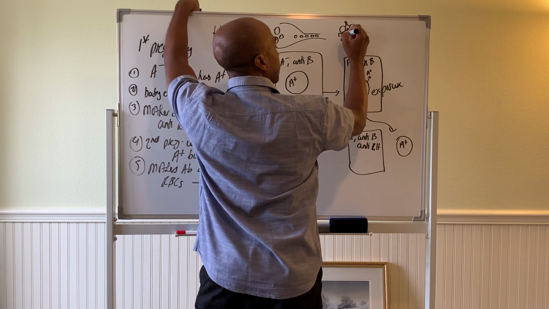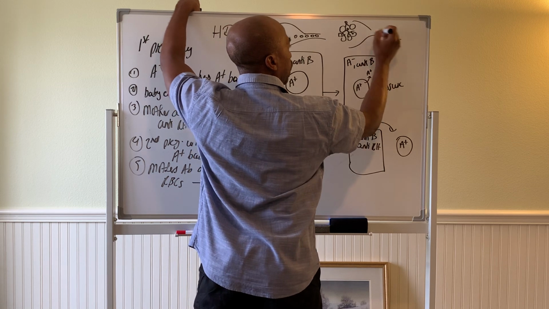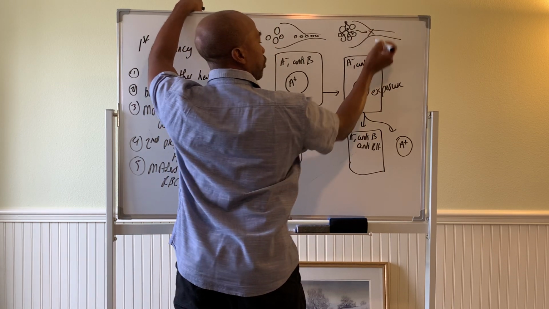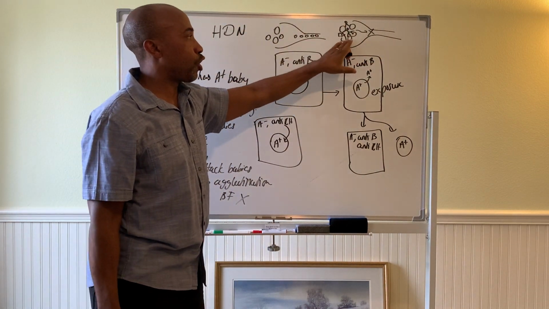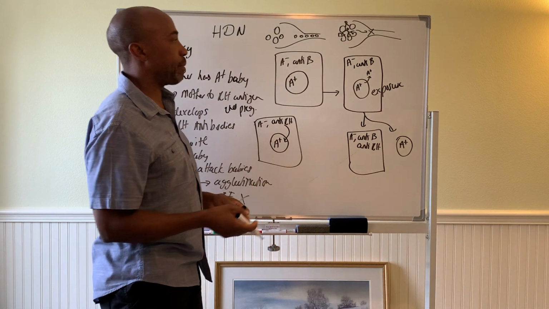It's called clumping, agglutination. And then when that starts to try to flow through a narrow capillary, they cannot get through. So blood flow is compromised downstream because you're clumping the blood together from the reaction with the antibodies.